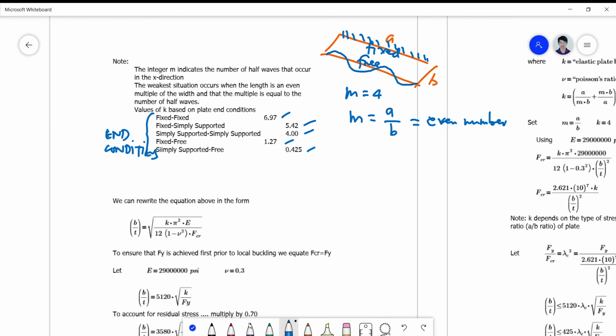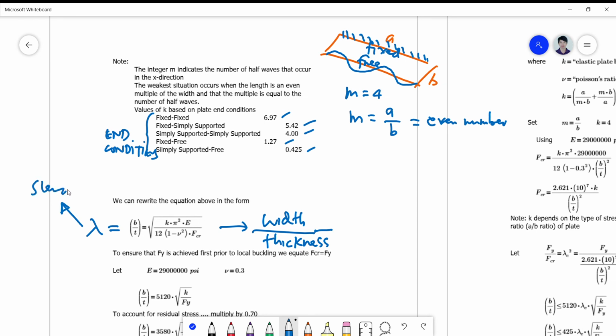Okay, so we can make use of a width to thickness limit or slenderness limit instead of, okay, so this is the slenderness normally given by the lambda, okay, slenderness limit.